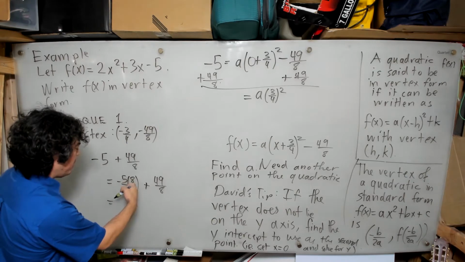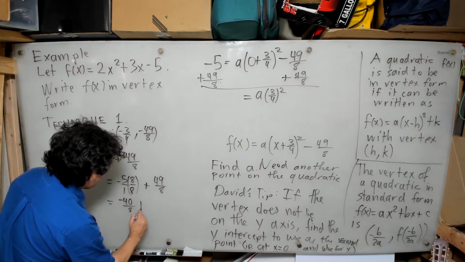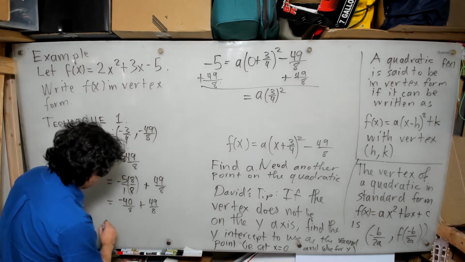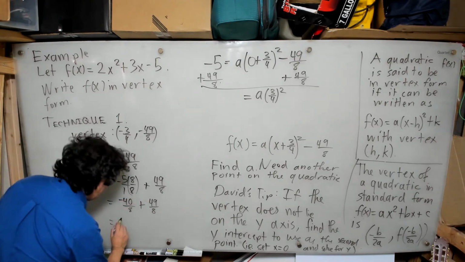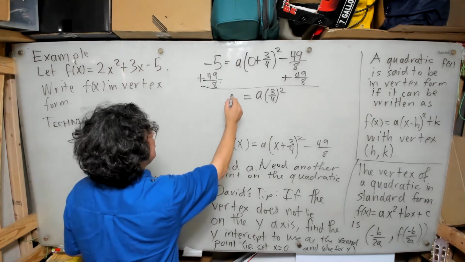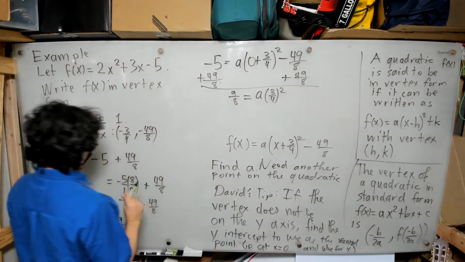Negative 5 times 8 is negative 40 over 8 plus 49 over 8. Negative 40 plus 49 is positive 9, so this is 9 over 8.